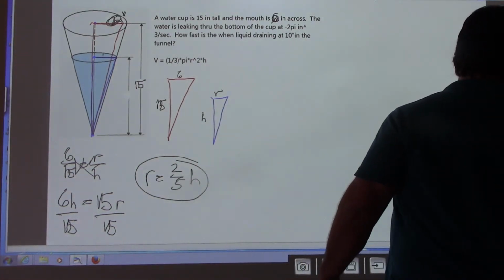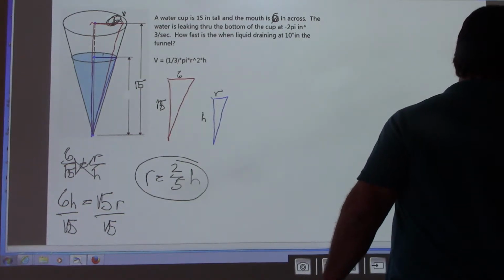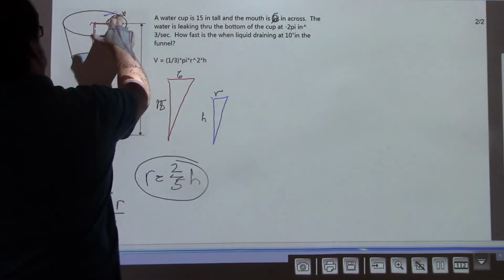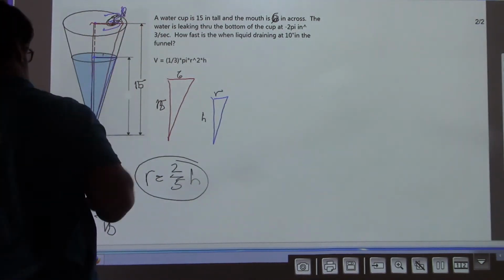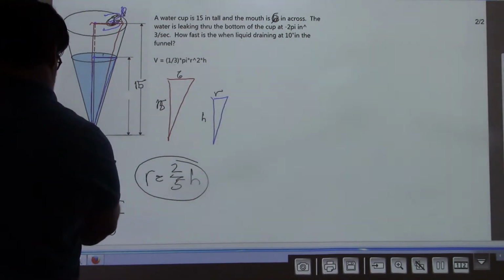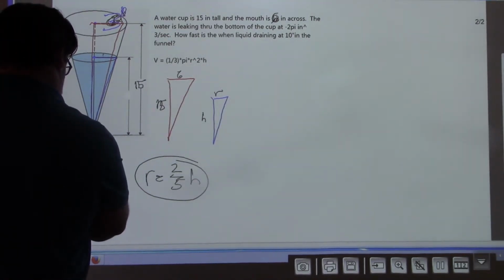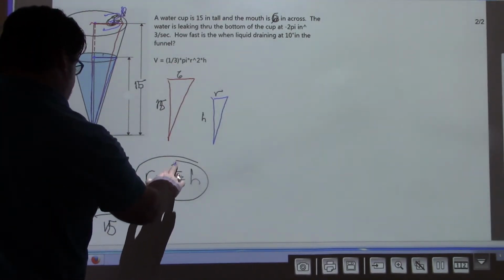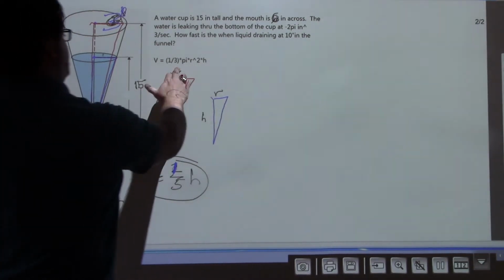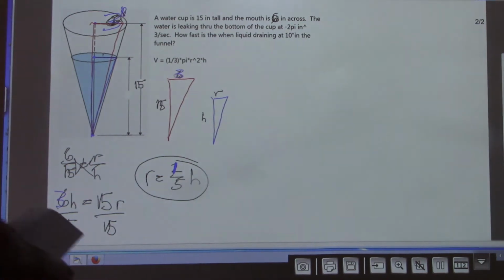I can't change it, so I'll just write it in blue up here. This is 3 inches. So 3 would be 1/5. Sorry about that. Okay?